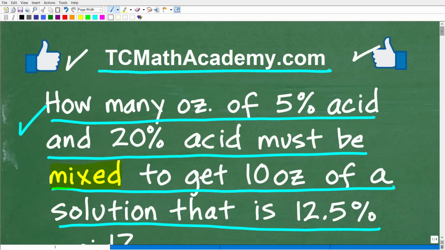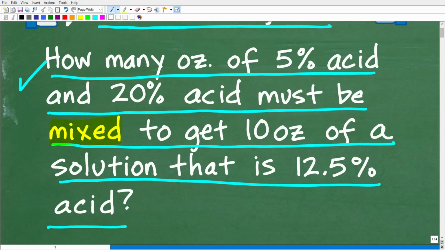Okay, so we're going to obviously study this question more than a few times, but just a quick rehash. What's going on here? Well, we have 5% acid. We don't know how much to use of this particular acid. We're going to combine it with 20% acid, and our goal here is to get a mixture that is 12.5% acid, and we want 10 ounces of this particular mixture.